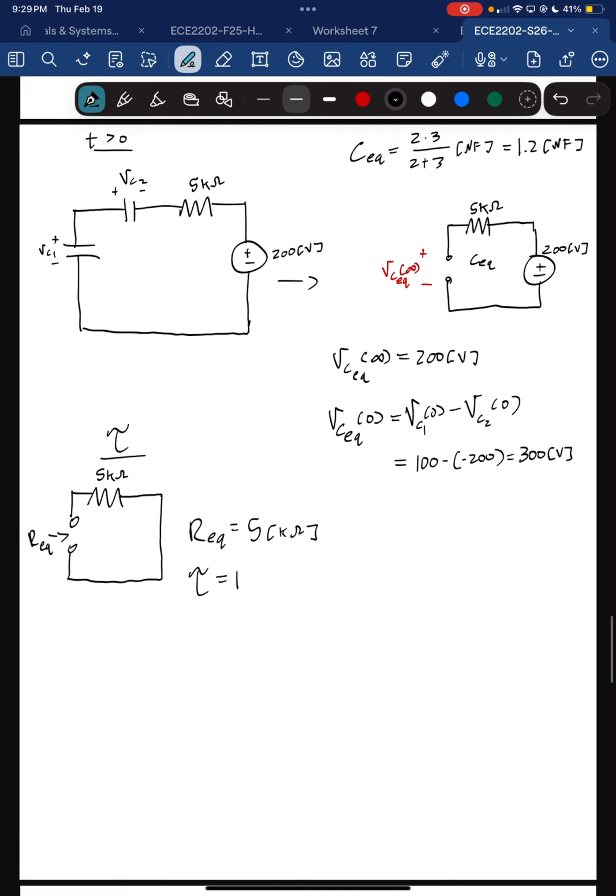And so tau is going to be 1.2 microfarads times 5 kilo ohms. So it's going to be 6 milliseconds. I think, double check that. Yeah, 6 milliseconds.